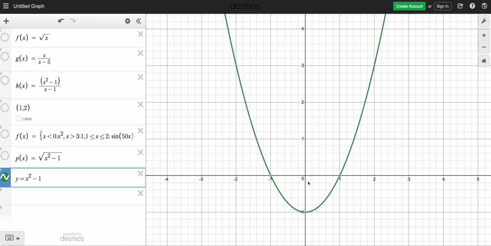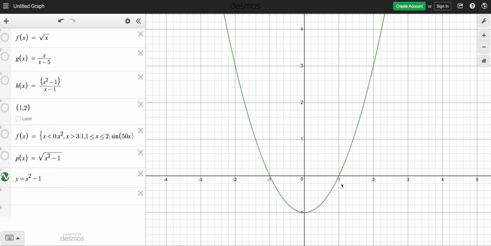If I do 0 squared minus 1, I'm going to get negative 1. And so now if I do that and then I'm going to take the square root, what could happen? Well, if I wound up with a negative number, those are going to be these points down here below the x-axis. I'm not going to be able to take that square root.